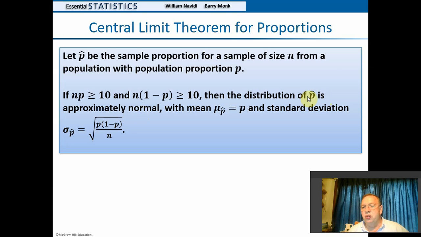The mean of the p hats is just p, the same as the population proportion. And the standard deviation of the sample proportions, sigma p hat, is the square root of p times 1 minus p all over n.